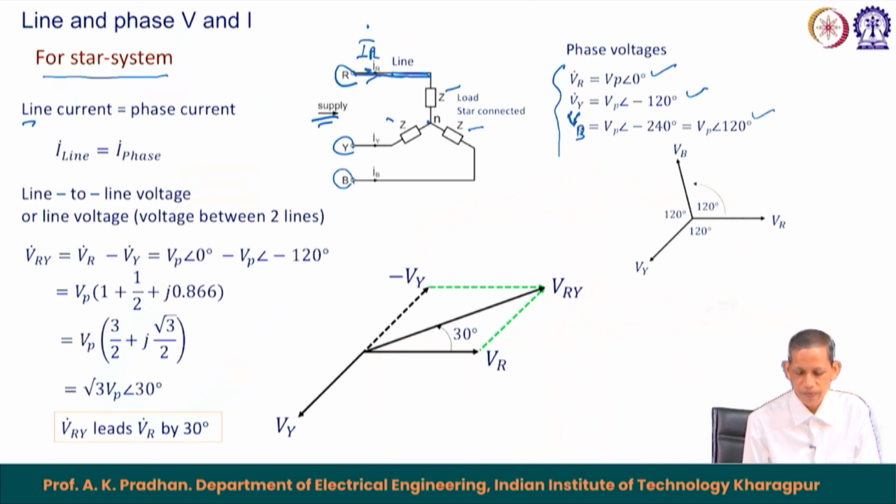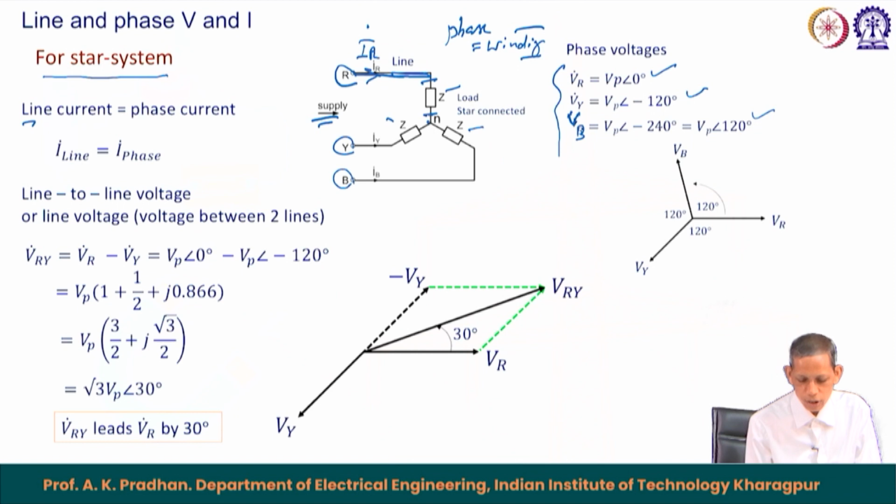Now, what about the phase? By phase here, for your clarity, I mean winding. Winding here means the winding of the load, like a single phase fan load. Similarly, in generation we consider the generator winding.